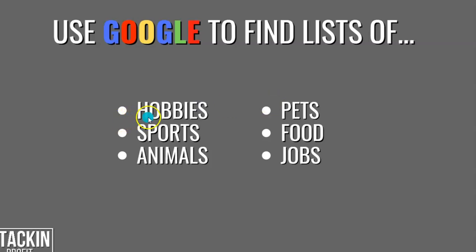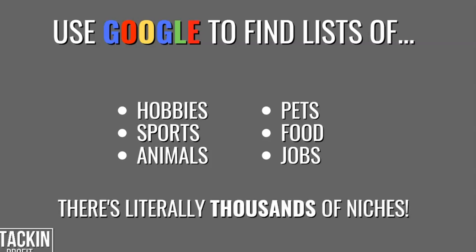So with hobbies, you've got basketball, skateboarding, knitting, crocheting. Any type of hobby can be turned into a low content book. So there's hobbies, sports, there's lots of different sports, along with animals and pets and food and jobs. We can use Google to unearth all of these niches and then combine them together with a demographic and a book type. There's literally thousands of niches for you to find.